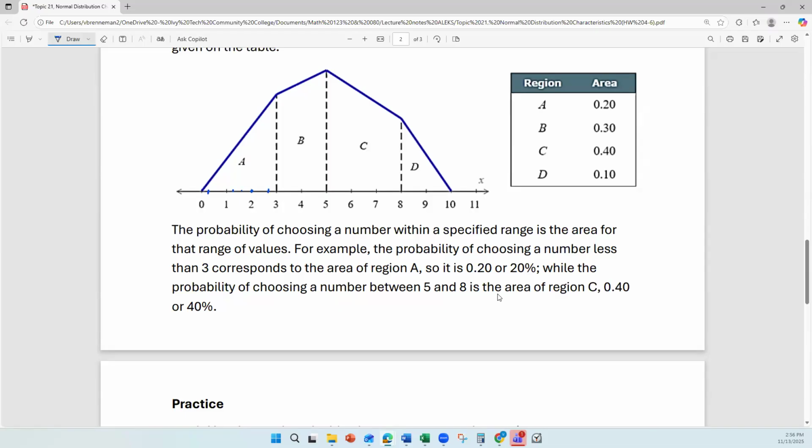So the probability of choosing a number is based on not just the height at that particular number. Basically, we would look at the probability of choosing any specific number as 0. We could only really talk about the probability of choosing between two numbers, or less than a number, more than a number, so that we actually get area. So that single line doesn't have area.